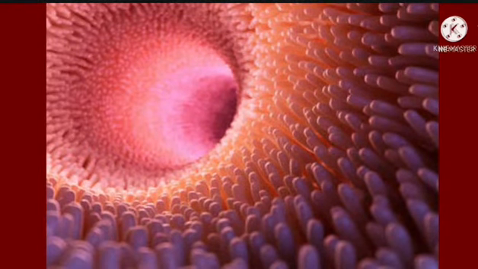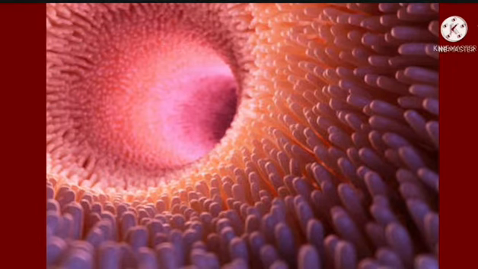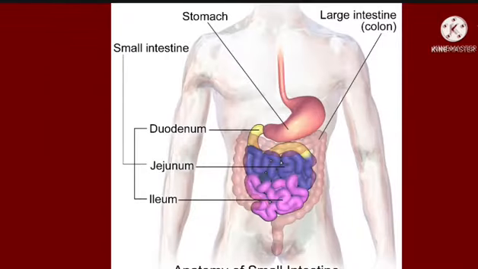The wall of the duodenum has Brunner's glands which secrete mucus and enzymes. The ileum is the longest part of the small intestine and opens into the cecum of the large intestine.